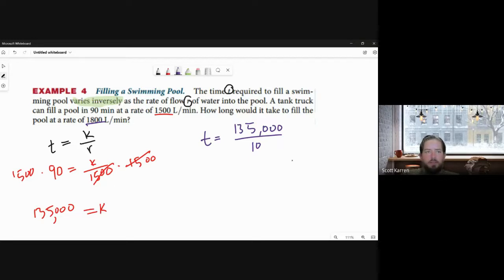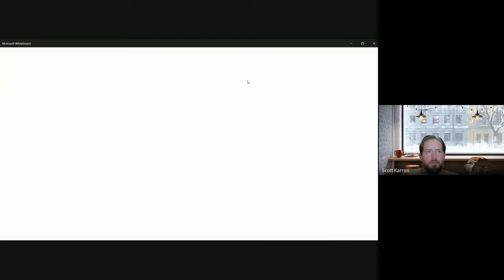Why is that not picking up? Oh no, you suck. Okay, timeout while my whiteboard figures out why it's being terrible. At any rate, you take that 135,000, it's divided by 1,800, and your answer is 75.